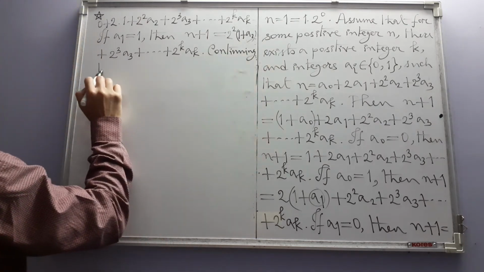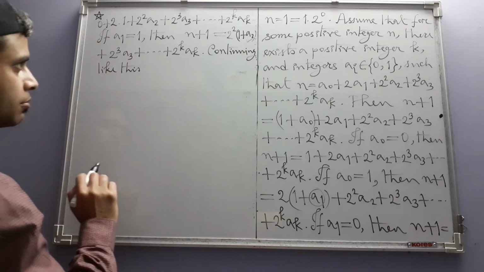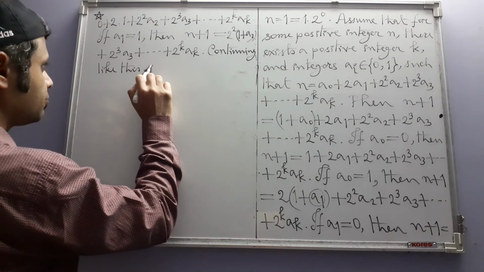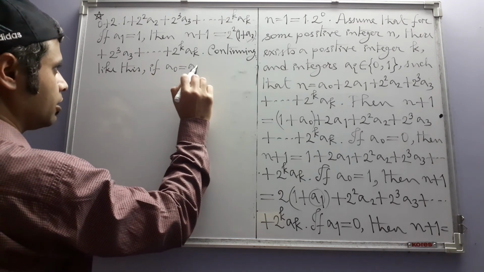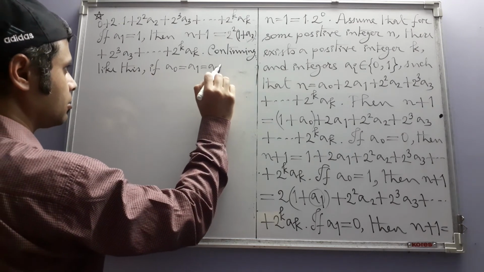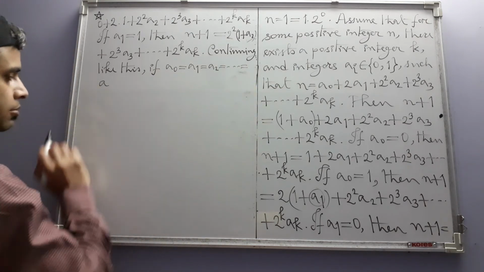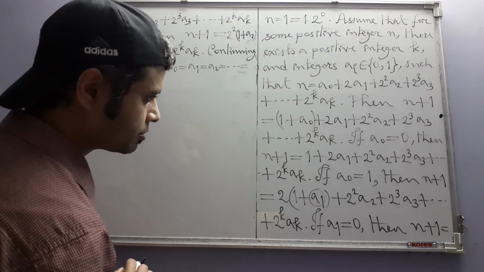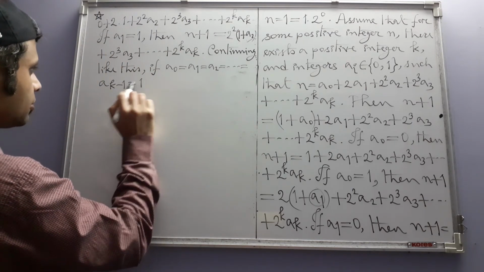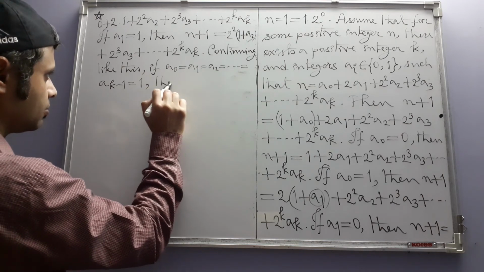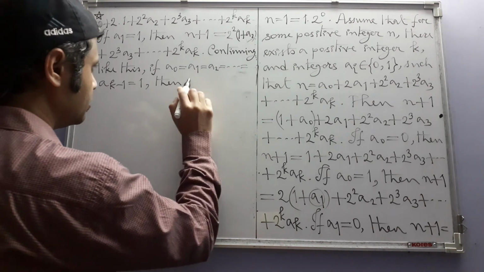Continuing like this, if a0, a1, a2, etc., all of these up to say ak minus 1 are equal to 1, then the process goes on.